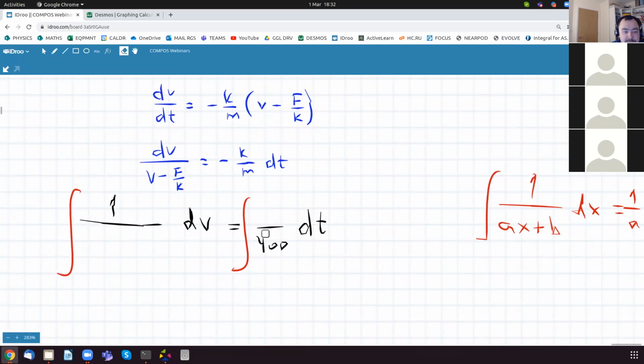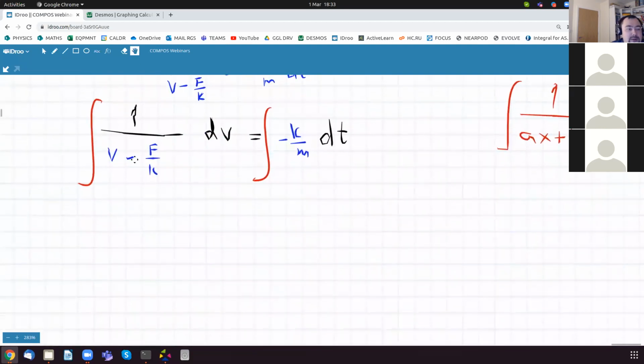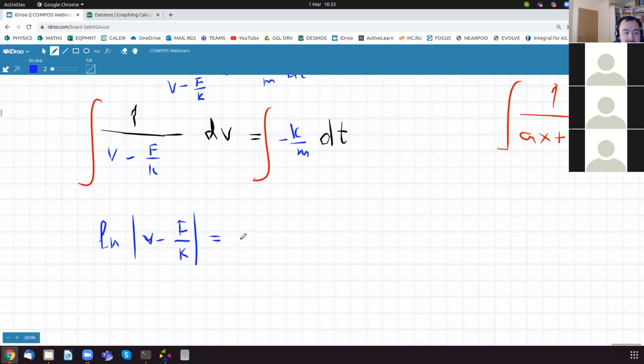I don't even need to bother with the numbers yet, because the integral is f over k, and this is minus k over m. And this integral is much easier to evaluate. This is going to be logarithm of v minus f over k, and here I have minus k over m t plus a constant.